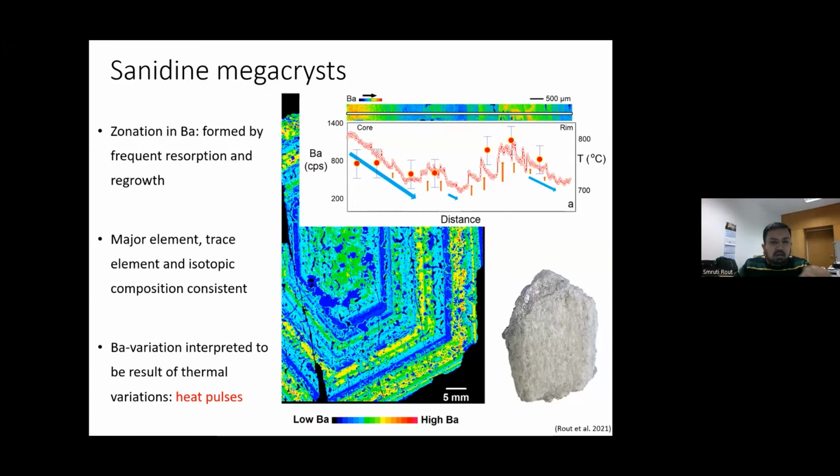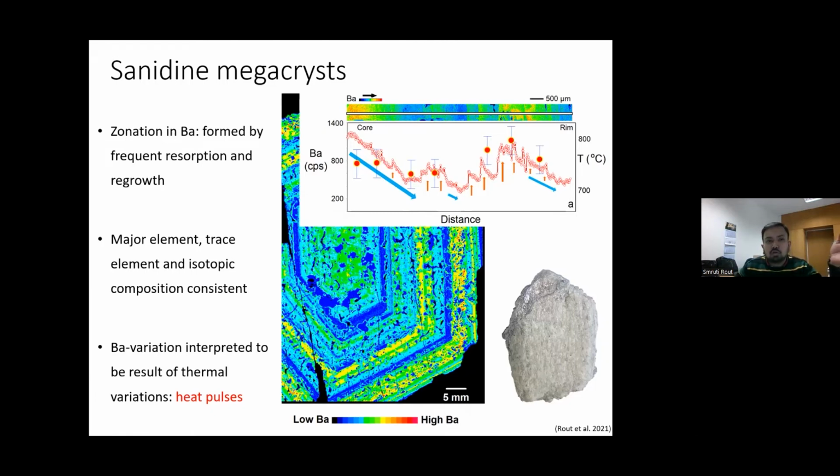Apart from that, one of the most important things to note here is that these thermal changes that formed the barium patterns are interpreted to be effects of recharges that underplate and supply heat, but no mass.